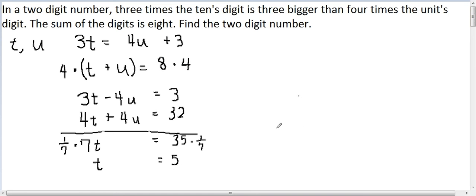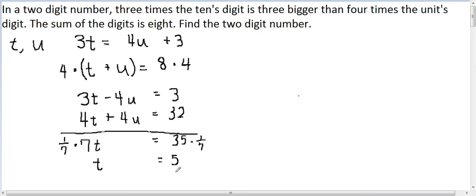In order to solve this pair of equations for u, we need to take this number 5 and substitute it into either the first equation or the second equation. Let's go ahead and use the second equation for this problem, the original equation. So t plus u is equal to 8.